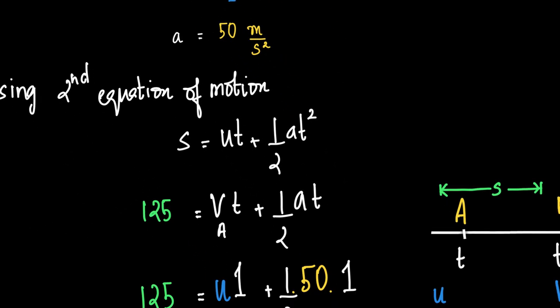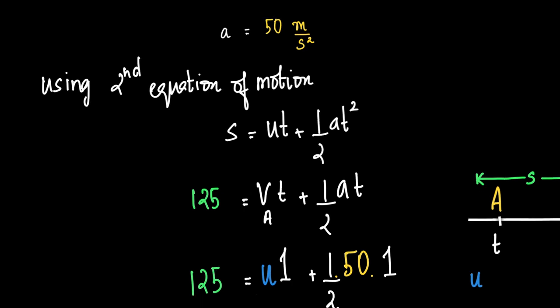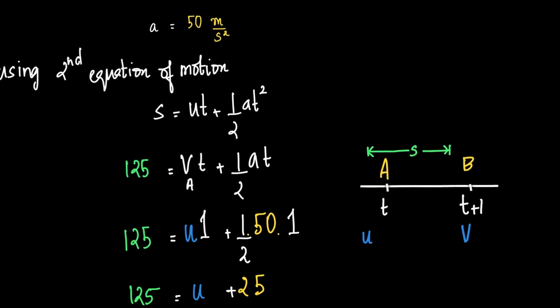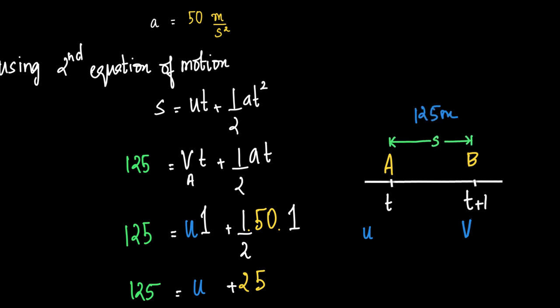Now we have acceleration equal to 50 meter per second square. Then using the second equation of motion, we have s is equal to ut plus half at square. The displacement traveled here, AB, is equal to S, which according to the question is 125 meter. Initial velocity is u.